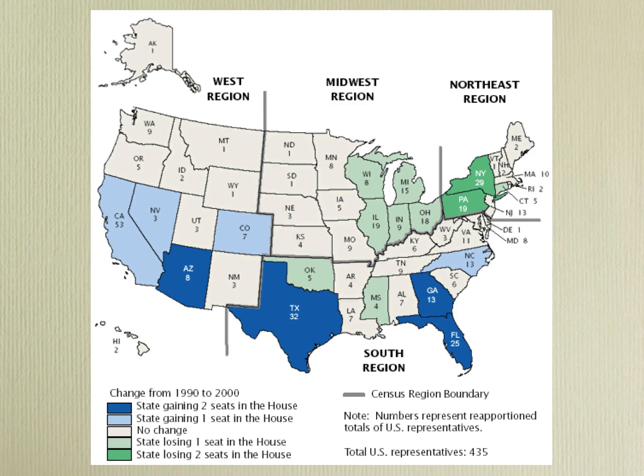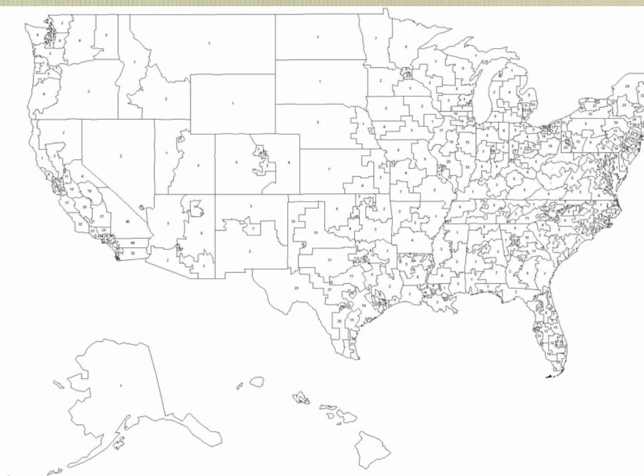Right? It also makes things much harder if you are a member of the House of Representatives from Montana, because you have to worry about the entire state, whereas people in California only have to worry about their congressional districts. So let's take a look at some of these congressional districts.